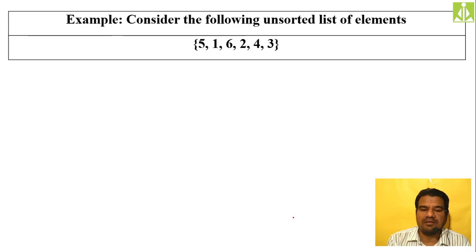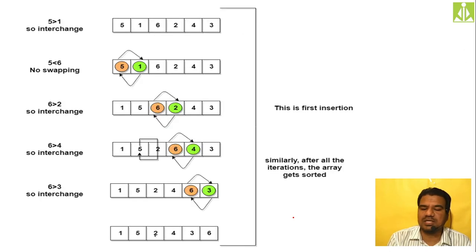So I will explain that one. See, consider this as your list to be sorted: 5, 1, 6, 2, 4, 3. This is an unsorted list. So here is how we perform the sorting operation.